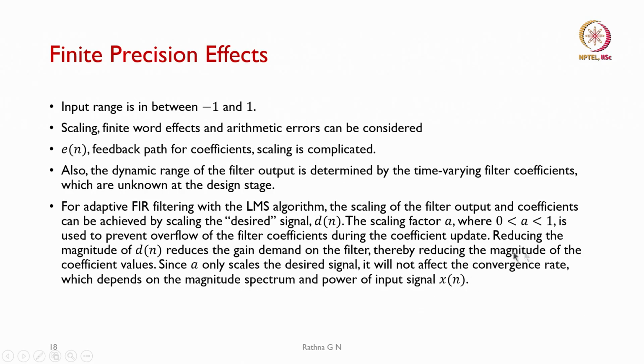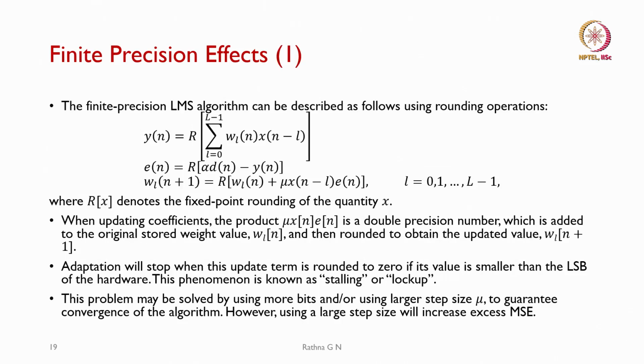So d of n does not come into our spectral or power calculation, and it is not going to degrade our performance. So y of n minus d of n is kept from overflowing, fine.